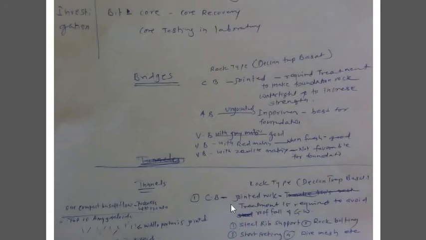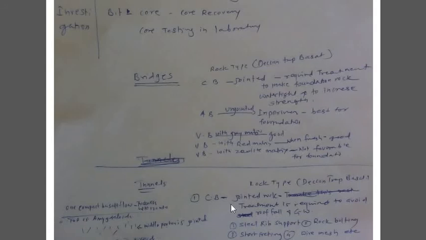Therefore, there is a problem of groundwater also, because groundwater is known as the enemy number one of the tunnel engineer. The groundwater initiates all problems as far as tunneling is concerned.